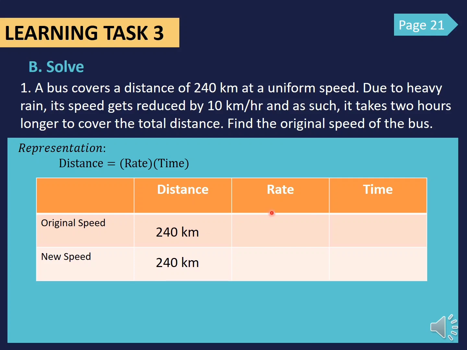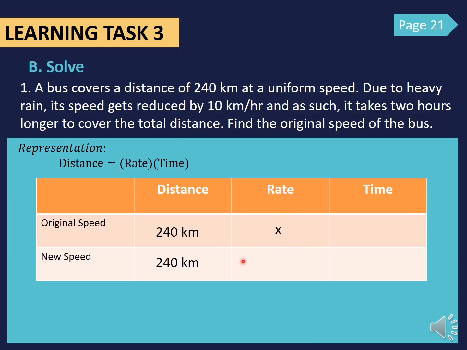Next is, let us find the rate. It states that the original speed is given, kasi sabi dito, due to heavy rain, yung new speed natin get reduced by 10 kilometers, nabawasan ng 10 kilometers. So therefore, we can say that the rate is equal to x.